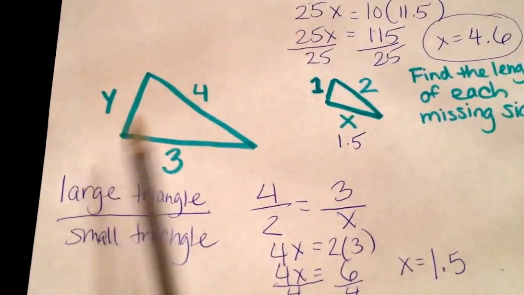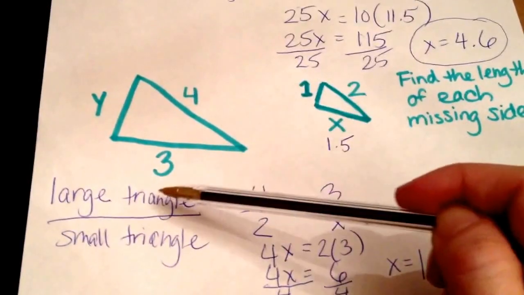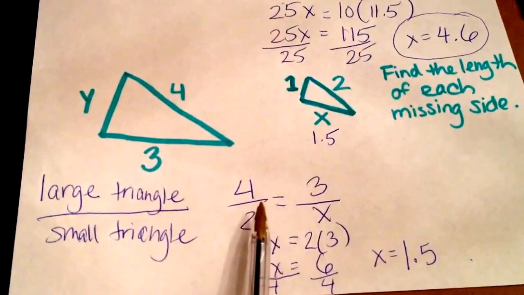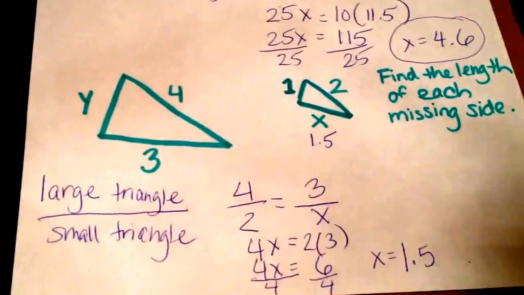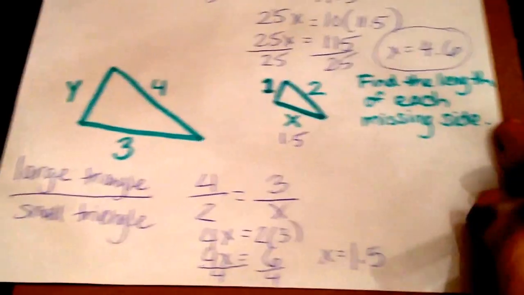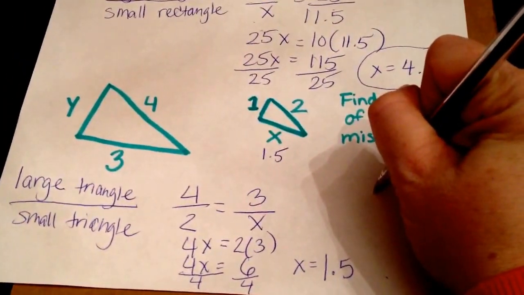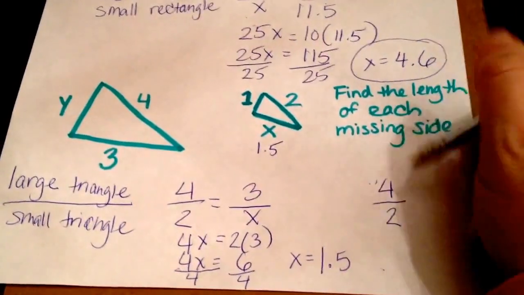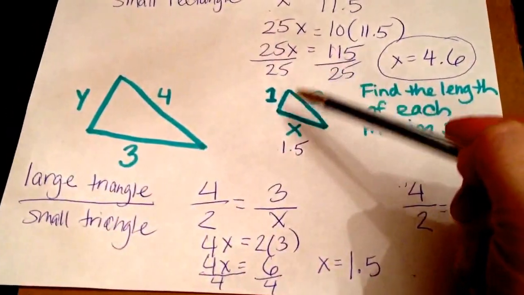And now I can either go back to my 4 and 2, or I could actually use the 3 and the 1.5 as my first ratio, and then I need to use a ratio that has the other missing side. So now I'm finding y. So we'll go back to the 4 over 2. 4 over 2 is equal to y over 1.